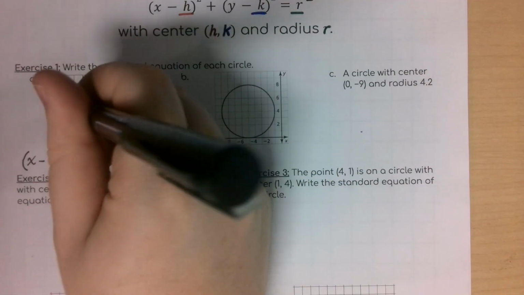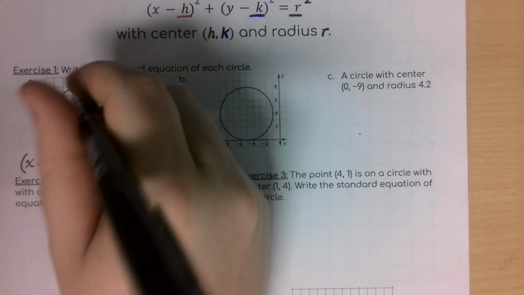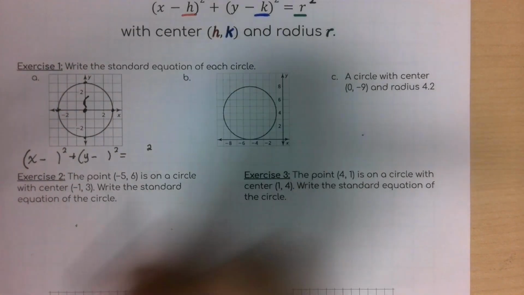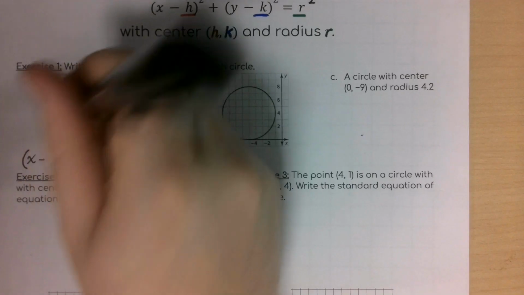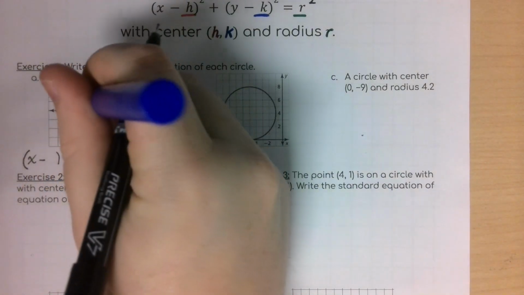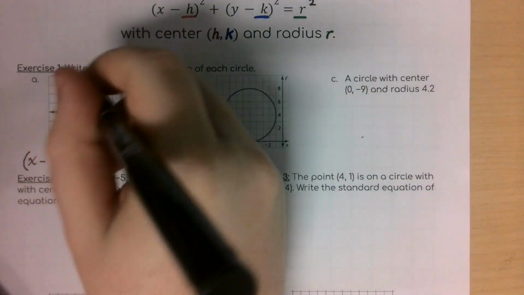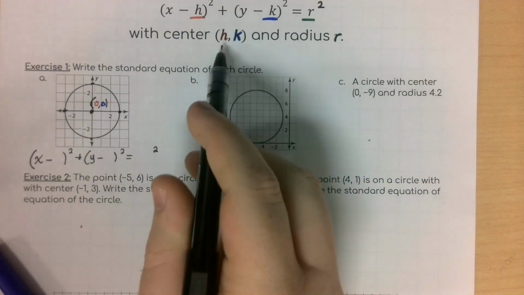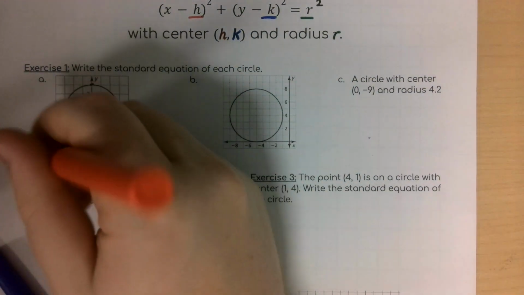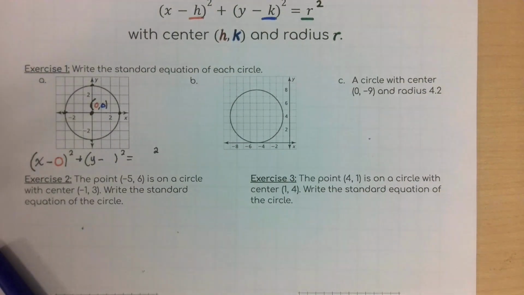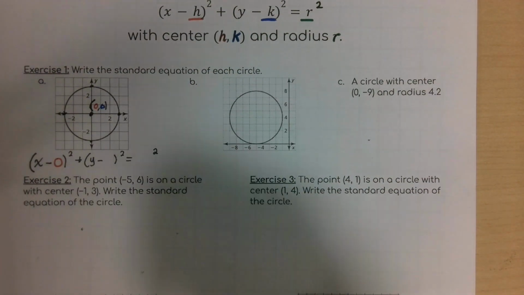But we can all see that the middle of the circle is going to be 0, 0. So 0 is our first variable, 0 is our second variable. 0 becomes our h value, 0 becomes our k value. So this is x minus 0 squared plus y minus 0 squared.